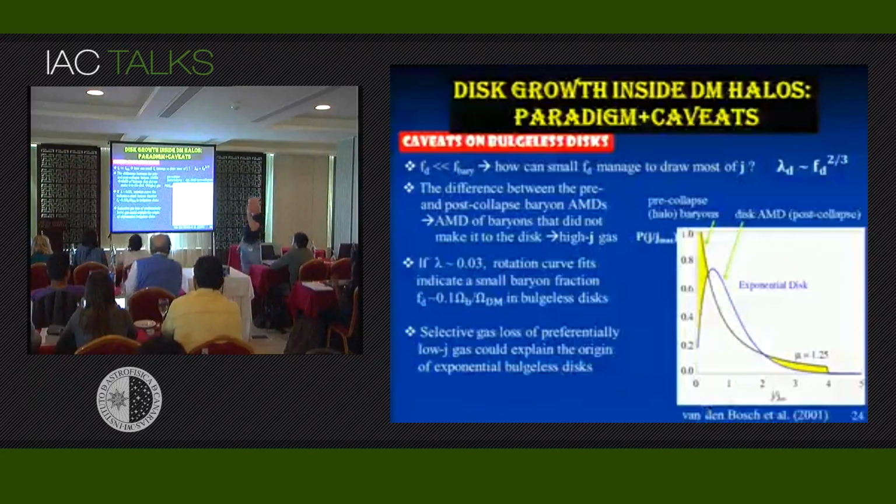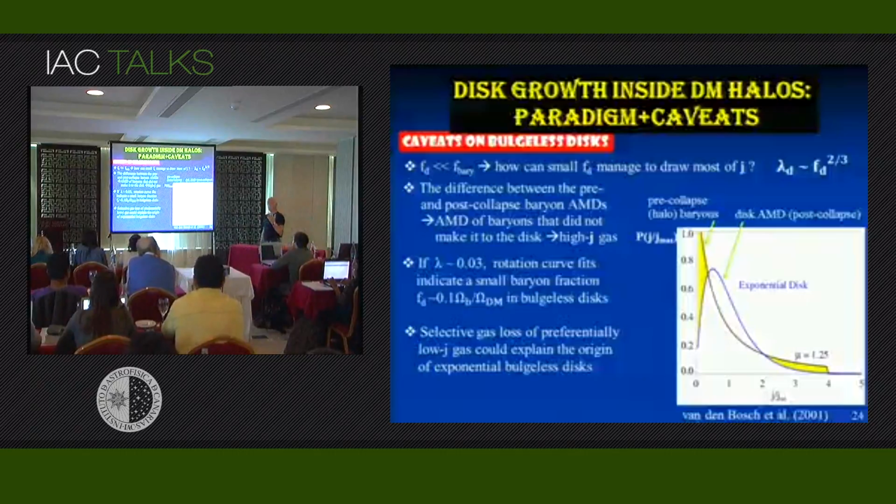There are many issues which follow from this, and one of them is that apparently the fraction of baryons that end up in the disks is much smaller than the universal fraction of baryons in the universe.